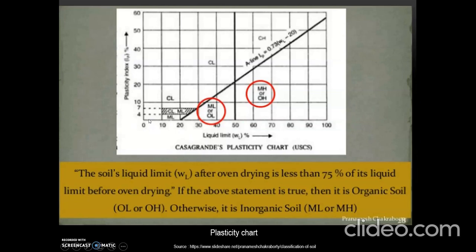Liquid limit values range from 0 to 100. From point 20, that is liquid limit equal to 20, we need to draw a line. The equation of the line is IP equal to 0.73 into (liquid limit minus 20).